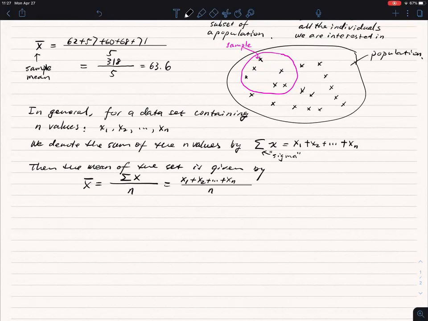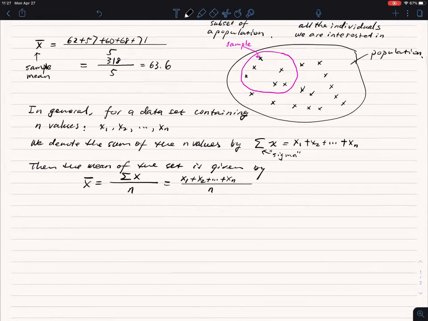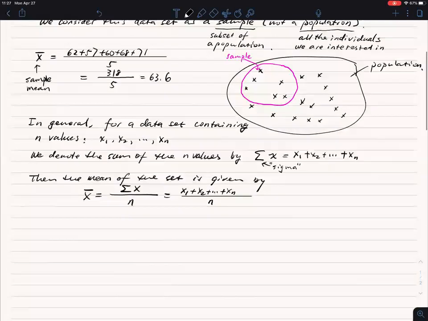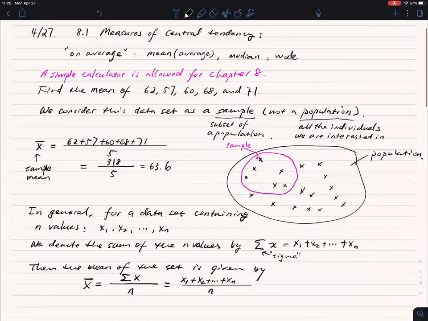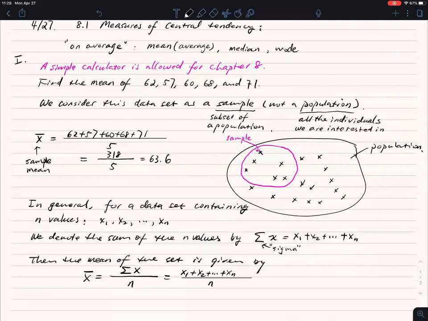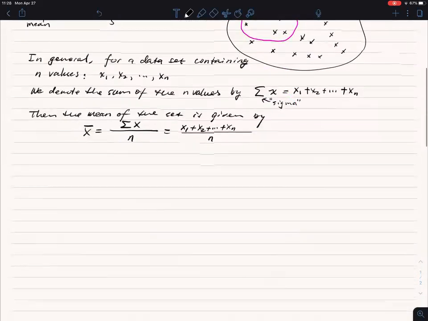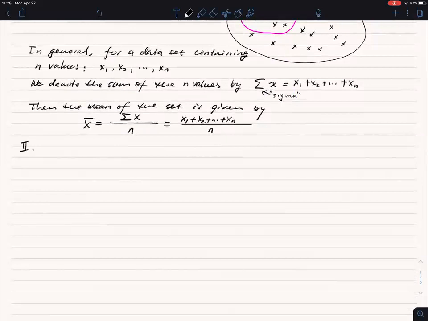This is what we did in the example, right? So this is just a generalization. Anyways, the bottom line is you know how to find the average. Okay, this is the first idea. So the first idea, we look at the mean. And then second, we look at median.